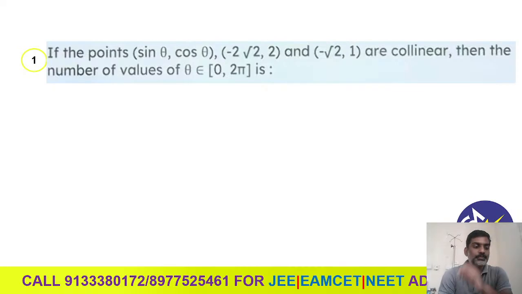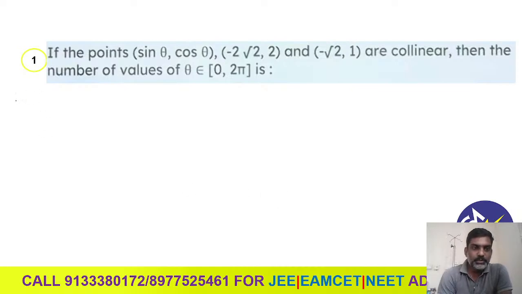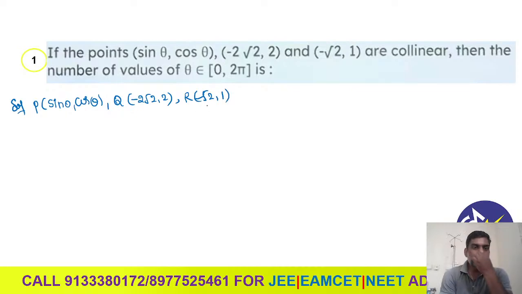So here, first let us see the given points. What are the given points here? Let us take the first point P as sin theta comma cos theta, the second point Q as minus 2 root 2 comma 2, and the third point R as negative root 2 comma 1.